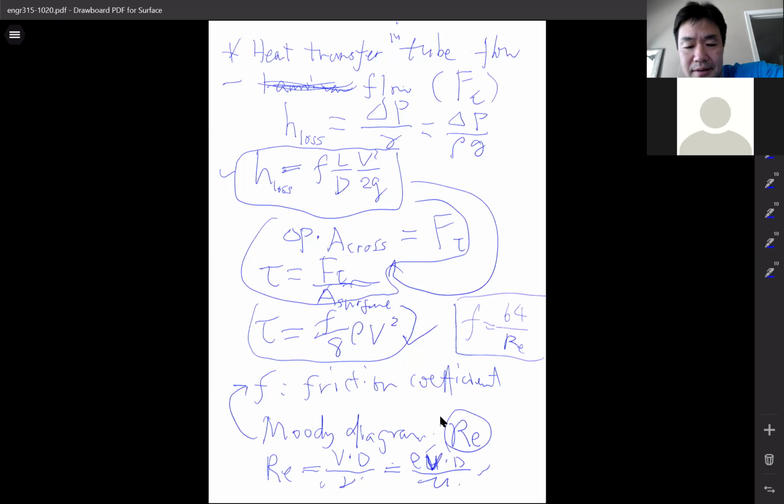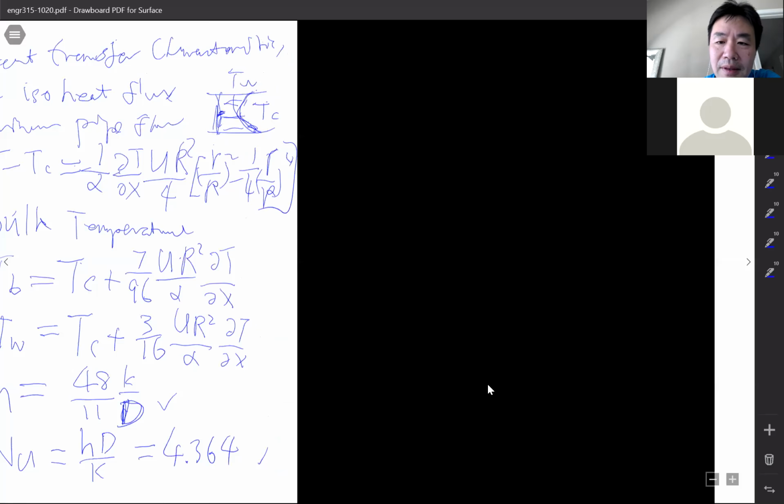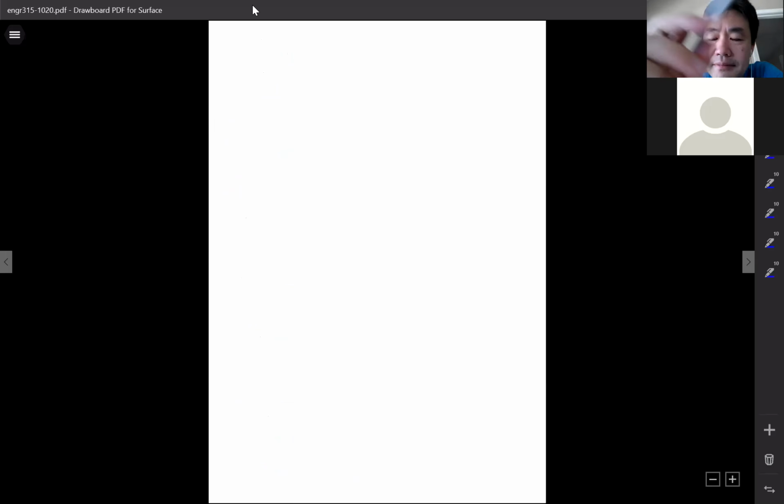You might also have a question: how do I know whether this flow is laminar or turbulent? In flat plate boundary layer flow, you know how to determine whether it's laminar or turbulent, right? How about the tube flow, pipe flow? Educated guess, anybody?